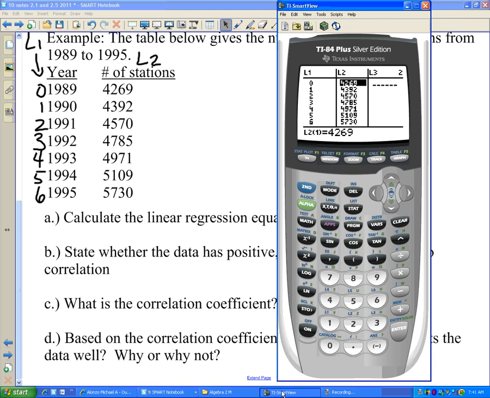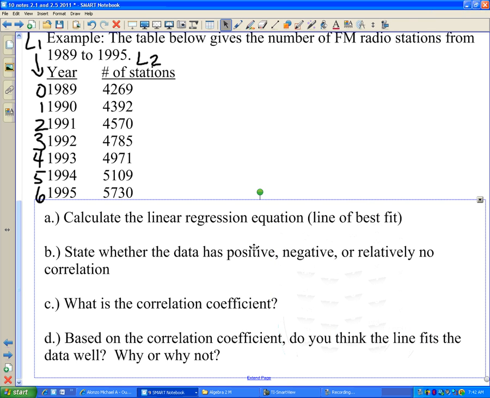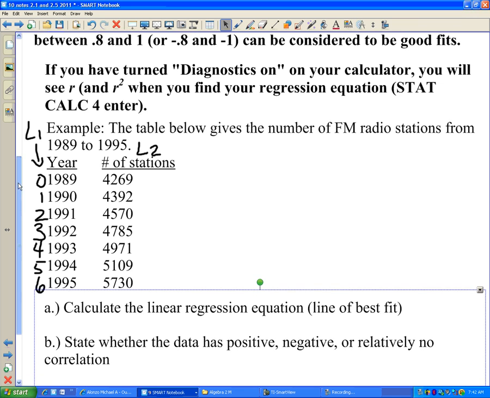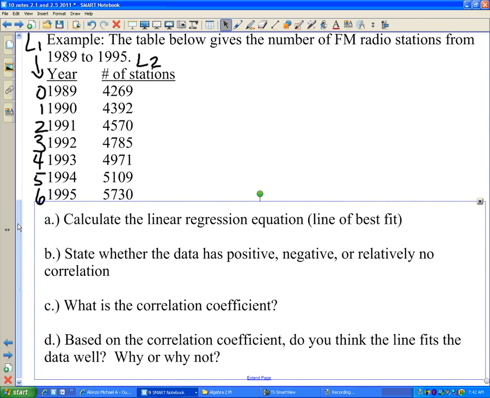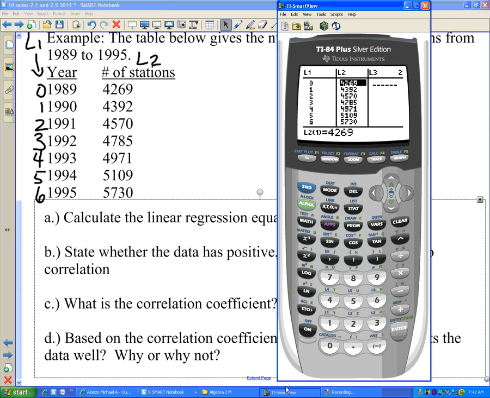First of all, as I said earlier in the notes, you need to make sure diagnostics is turned on. To do this on your calculator, if you're not sure where something is found, down here under the 0 there's a button that says catalog.